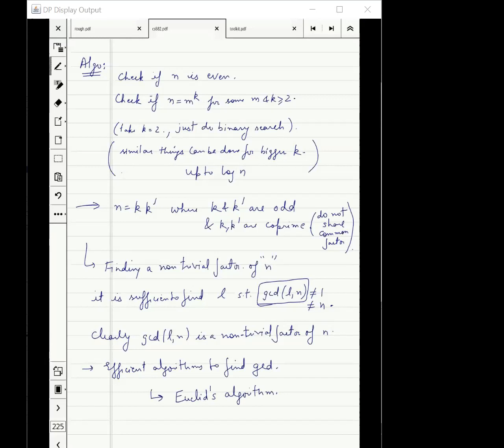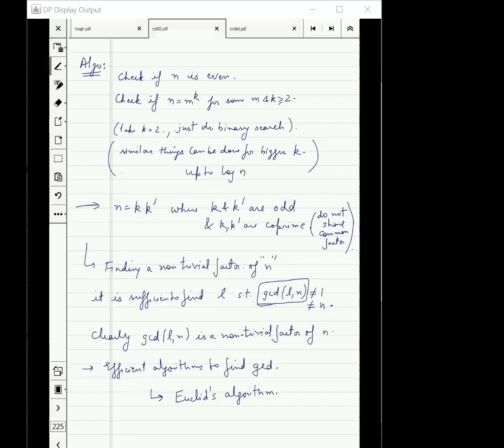The way you might have seen how we take GCD in high school is not efficient. You factorize both the numbers and then find common factors. That's not efficient. There is a much better way. You take their successive differences and slowly you can reduce the size and find GCD. That algorithm is polynomial. There is a proof. Let's not go into that, but remember that we can find GCD efficiently.